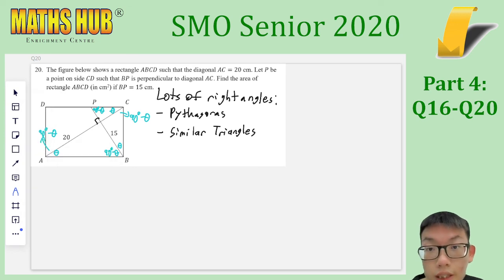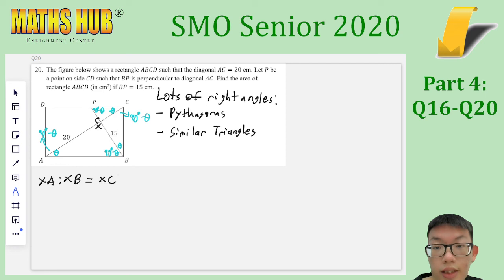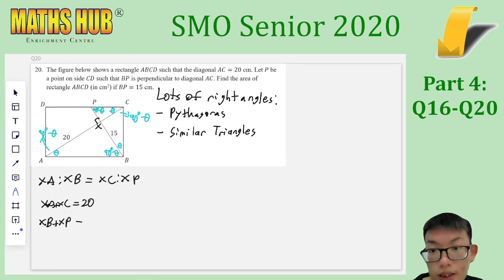Now let's call this point X. Now we know that XA is to XB would be equal to XC is to XP because of the pair of similar triangles. And we know that XA plus XC is 20, since that's the diagonal AC, while XB plus XP is the diagonal BP, so that's 15.